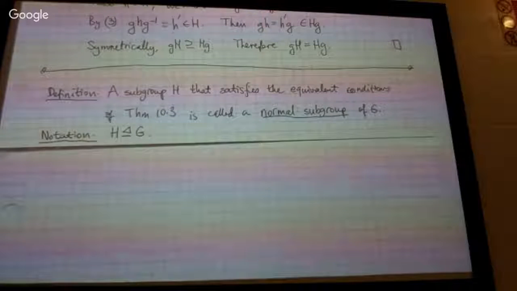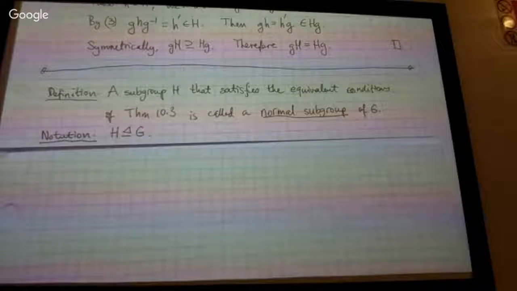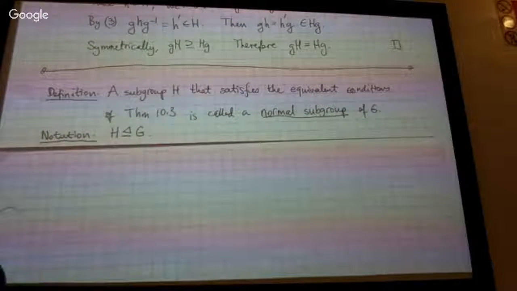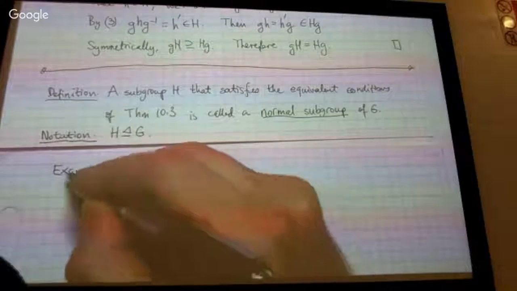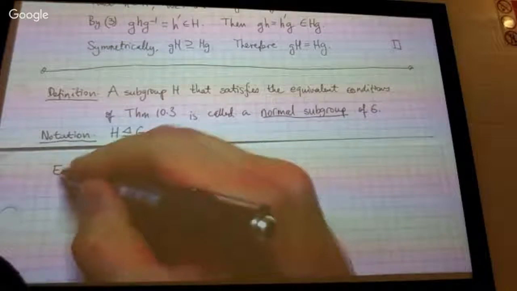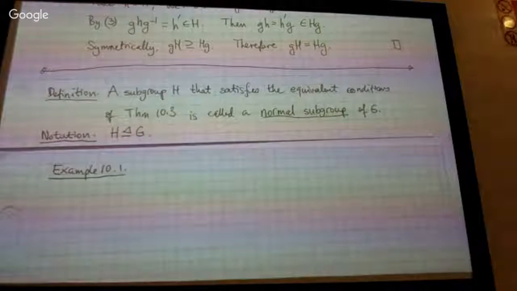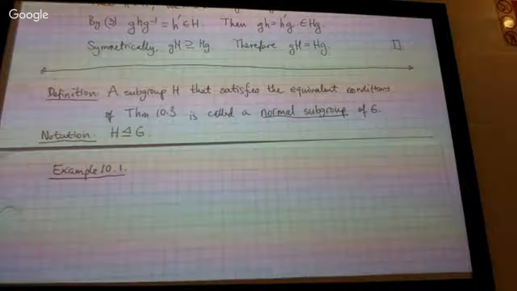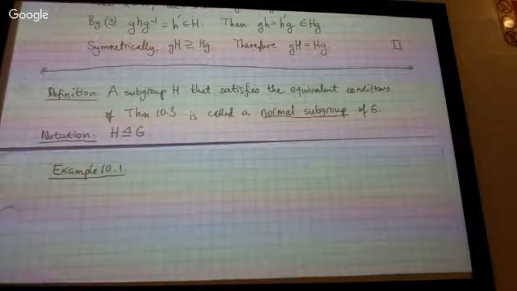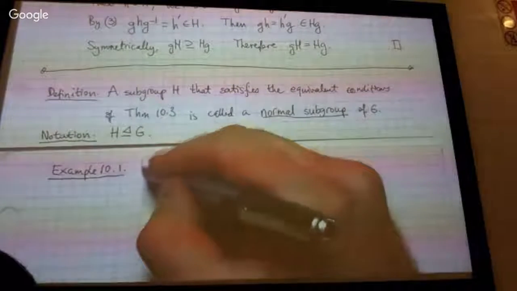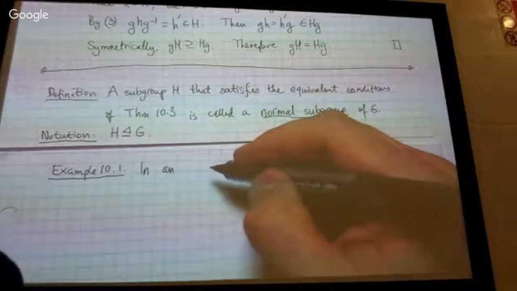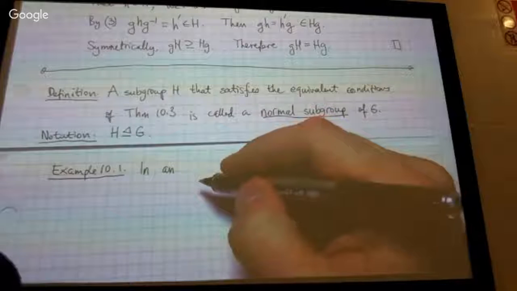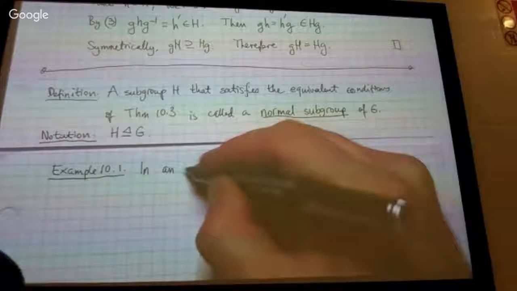Excellent. Now we go back to examples. Example 10.1 is that in an abelian group, how do you write abelian with a little a or a big A? Kelly even said something about this recently.